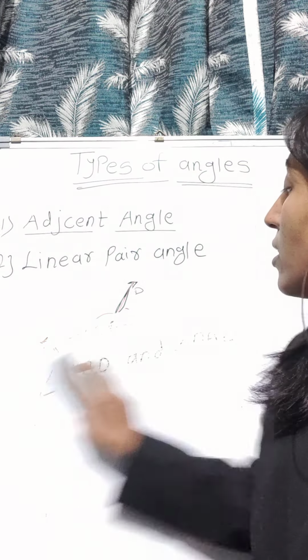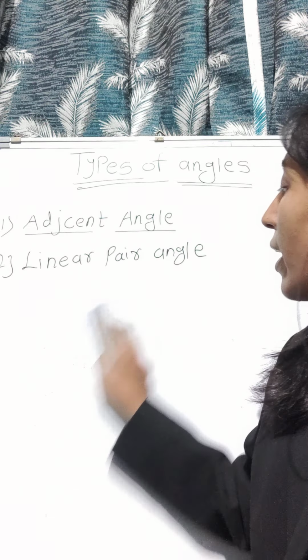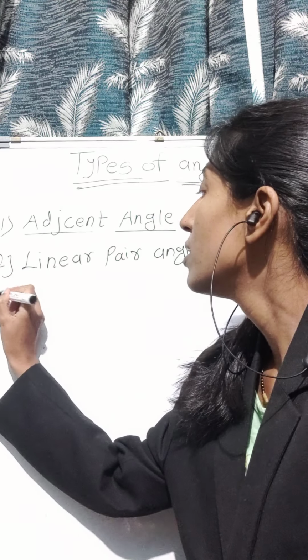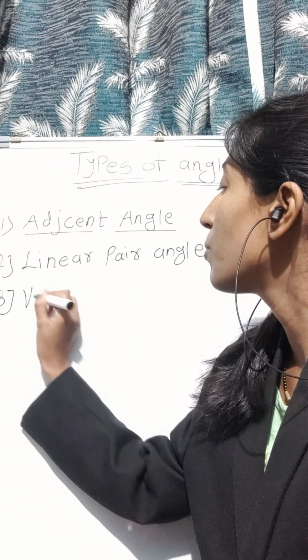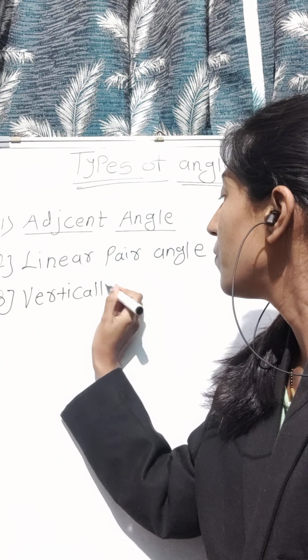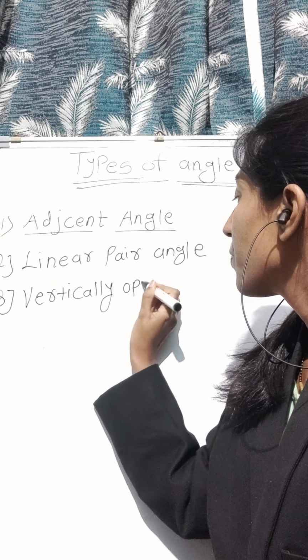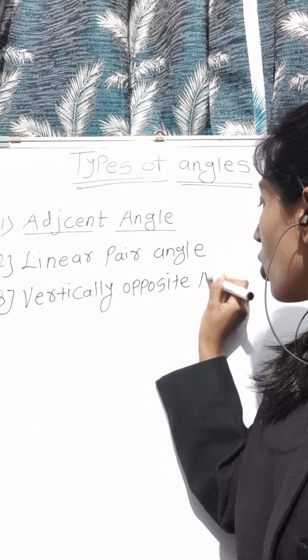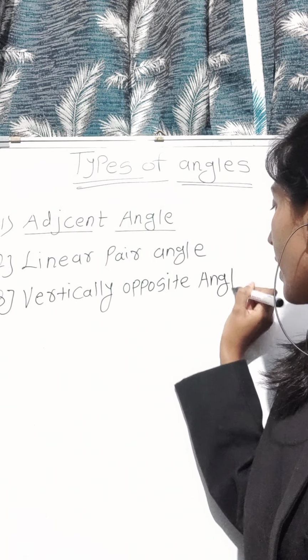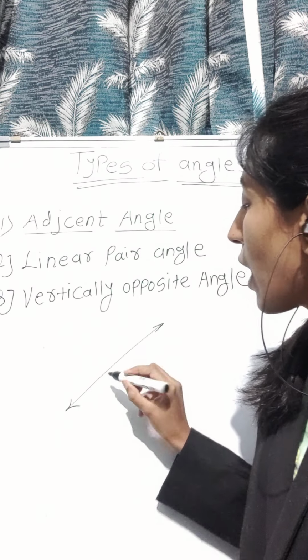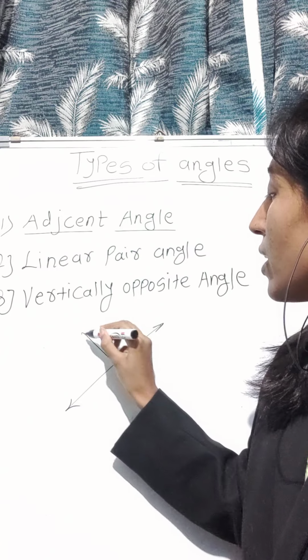Now the third type of angle is vertically opposite angle. Vertically opposite angle means what? Angles formed by intersecting two lines. Now suppose I have this one line and this one is another line.